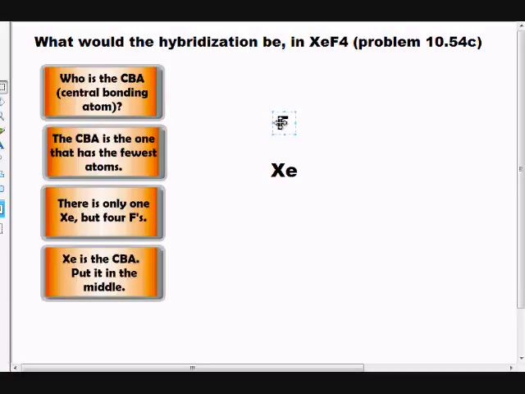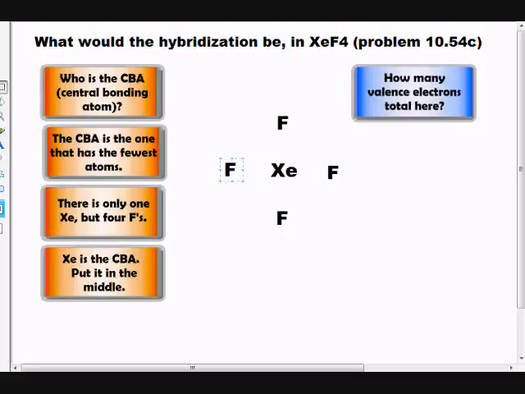Remember in class we did the H2SO4, and in that case everything except for the 2 H's were attached to the central sulfur. And now here it's a little easier because there are only 4 other things, and those 4 things fit all around the xenon.